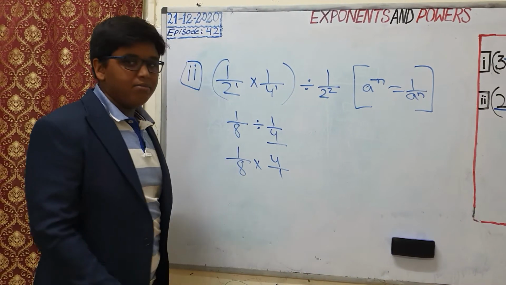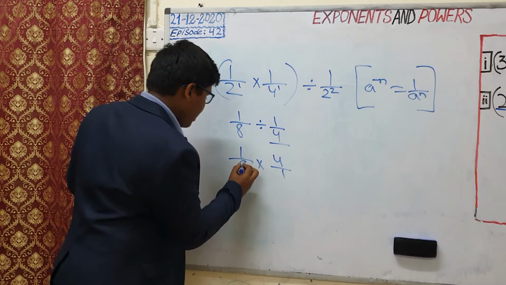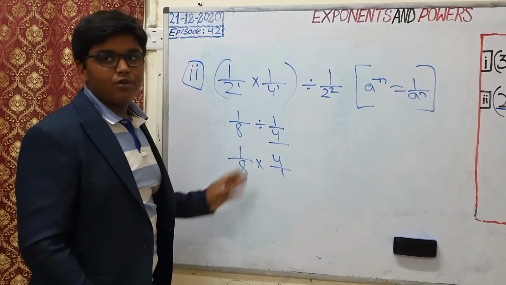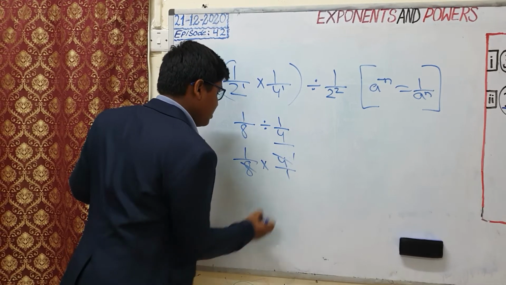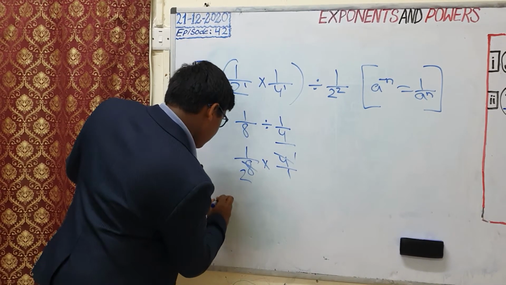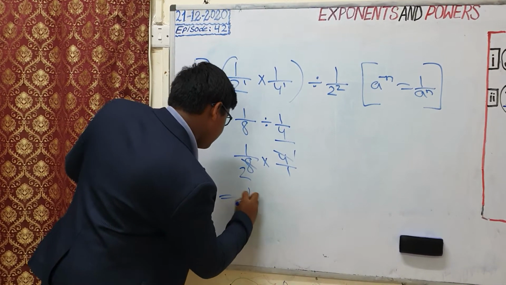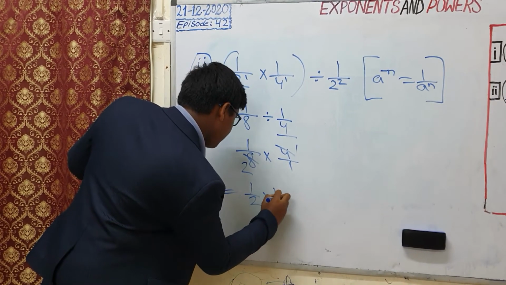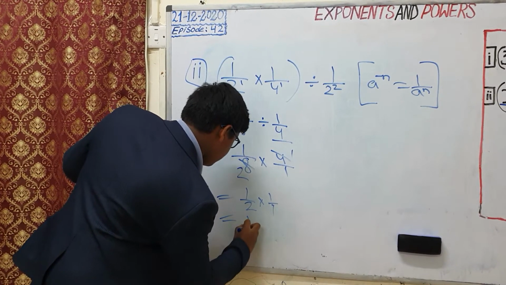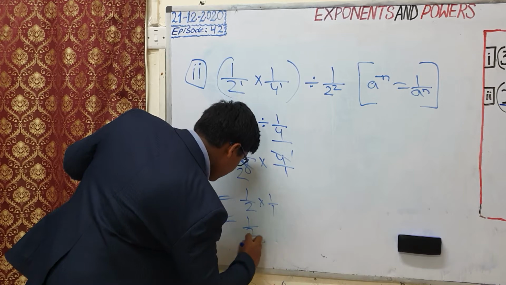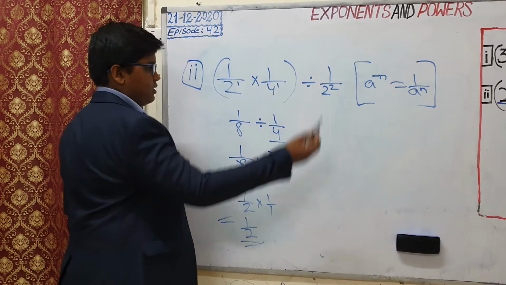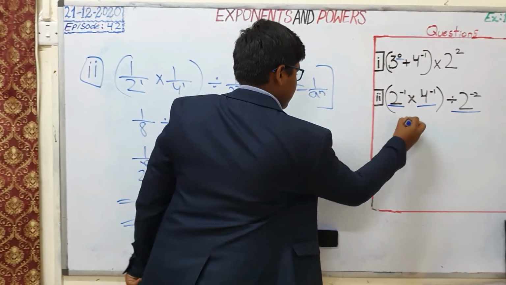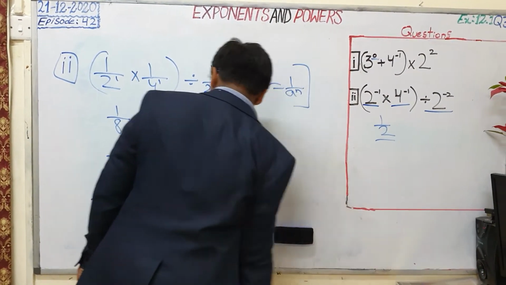Now let's multiply them. We have like terms here, so 8 and 4 we can cut them off, giving 1 and 2. Now we got the answer as 1 by 2 into 1 by 1, which is equal to 1 by 2 as it is. So the answer of the second question is 1 by 2.